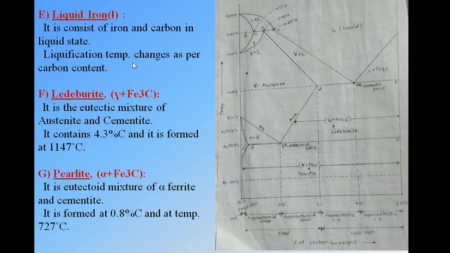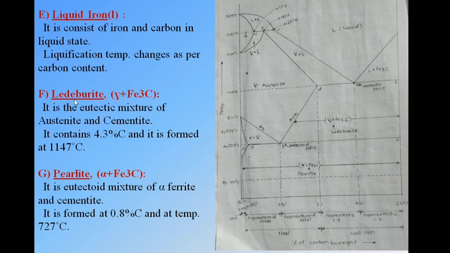And the liquefaction temperature changes as per the carbon content. Means this is a melting temperature line, because above it we have liquid, below it we have solid. So this is the melting temperature line, or liquefaction temperature line. Okay, this will change as per the carbon composition. This is not a straight line, so it is changing as per the carbon composition.